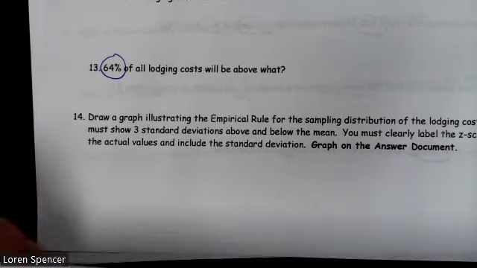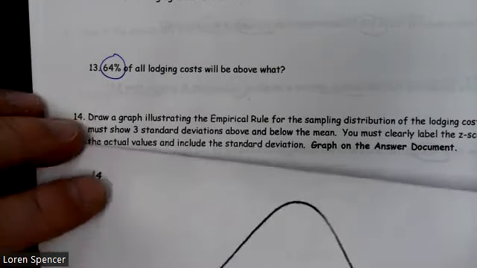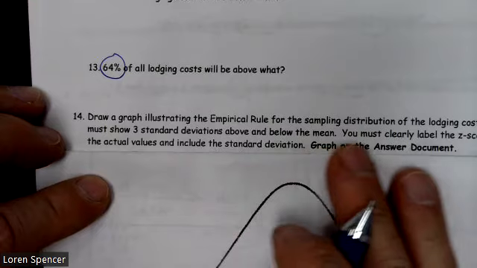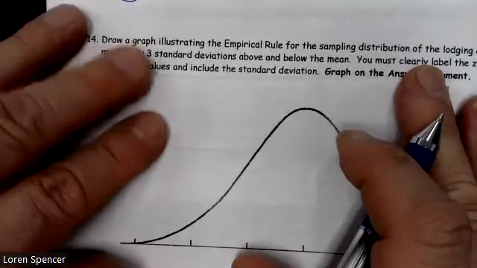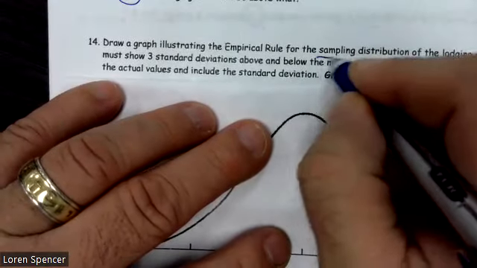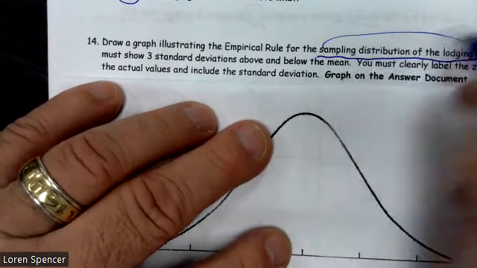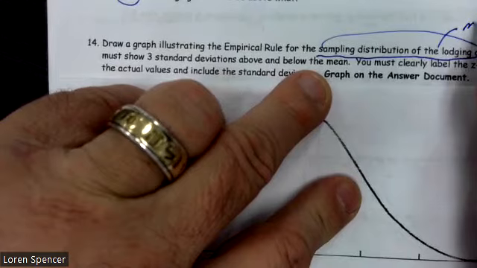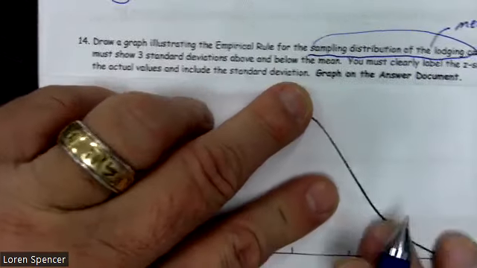All right, last thing. Draw a graph illustrating the empirical rule. You must show 3 standard deviations above, et cetera. But they want the sampling distribution of the mean lodging cost. So let's make that change.